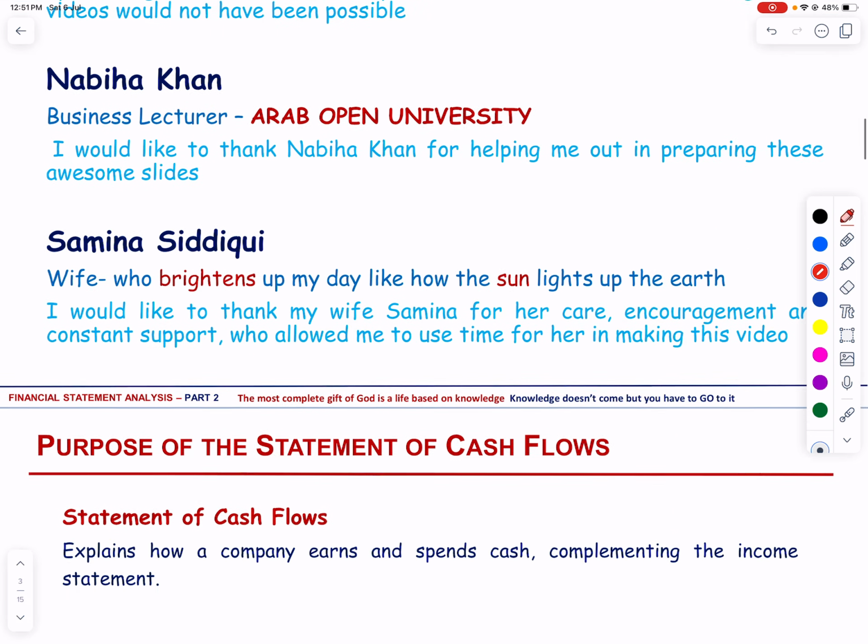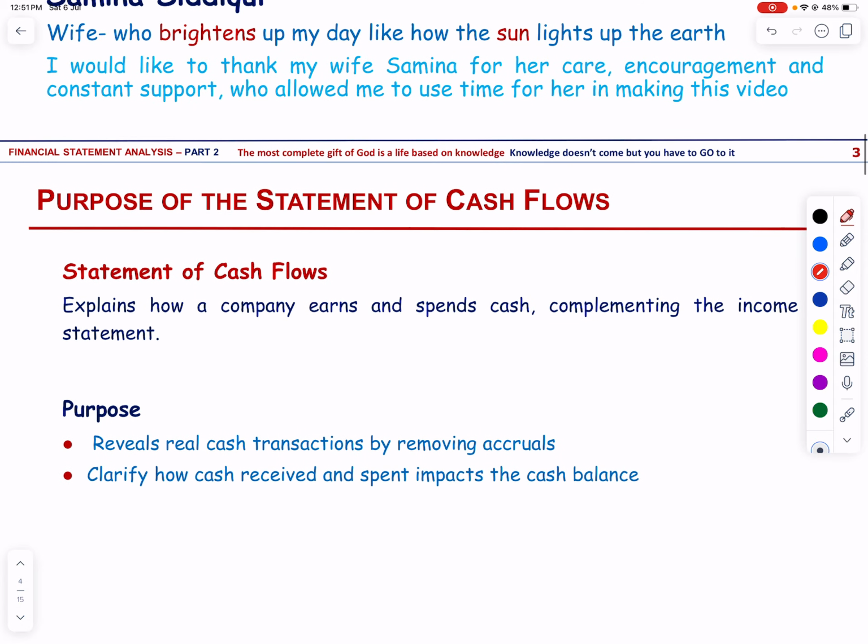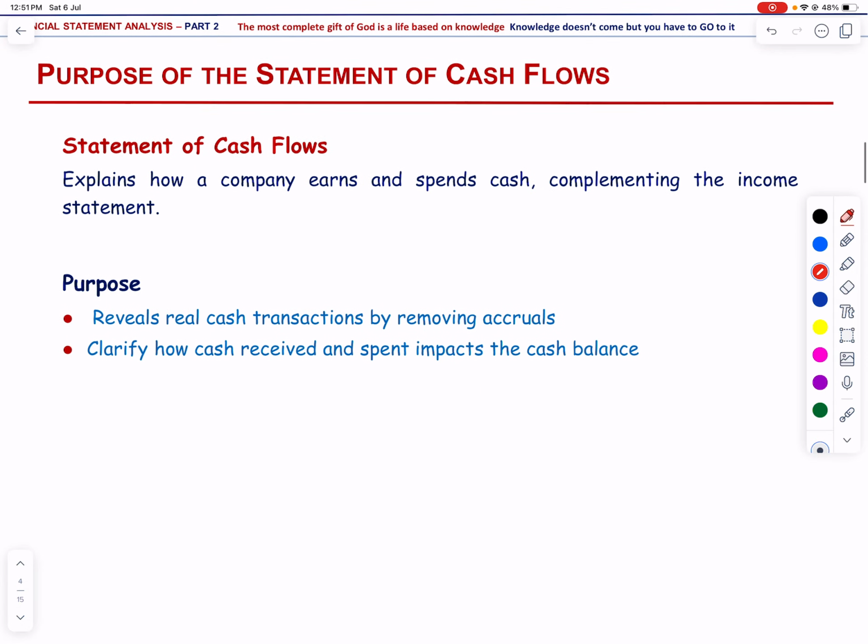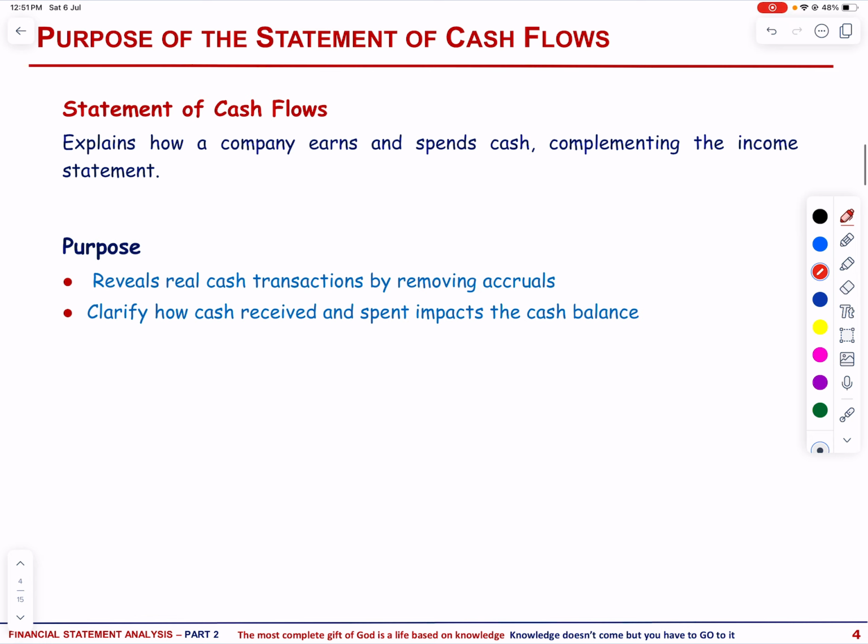So let us start with the purpose of the statement of cash flows. The statement of cash flows explains how a company earns and spends cash, complementing the income statement. It links net income to changes in cash using the indirect method.